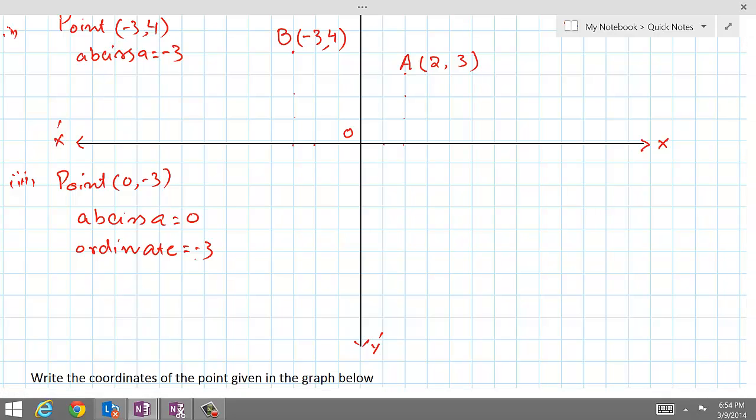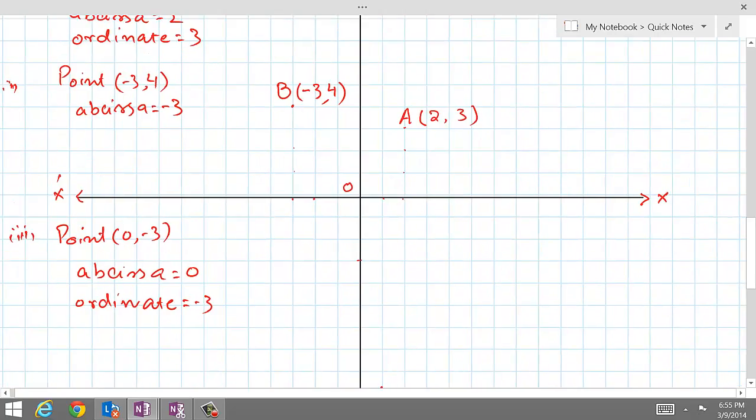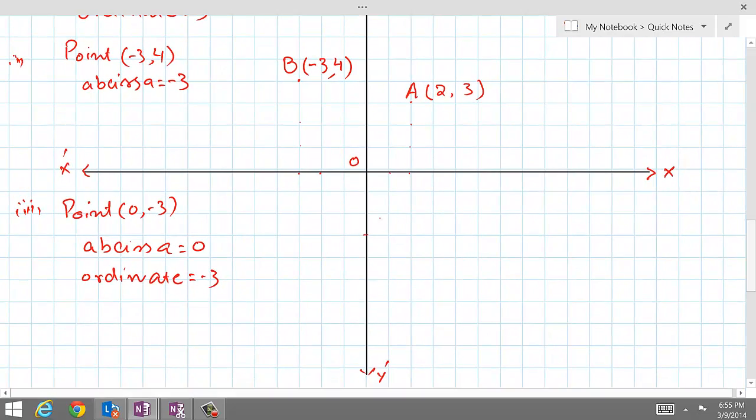The direction negative is for the downward direction. So this is -1, -2, -3. That's where we are. Here we call this point C and write the coordinates of this point, which are 0, -3.